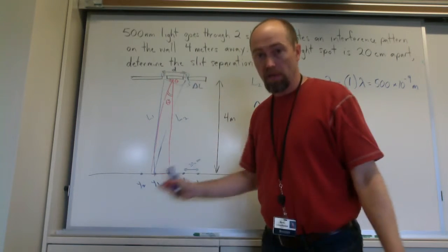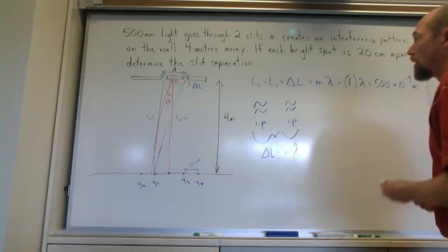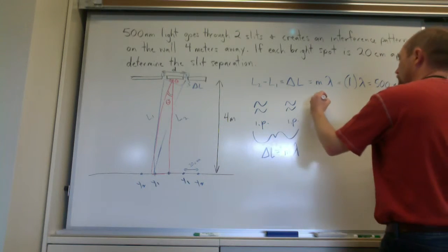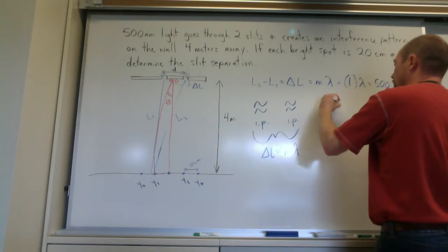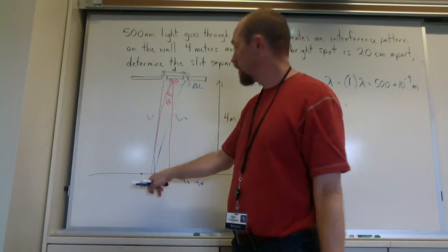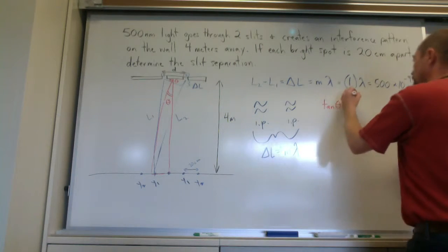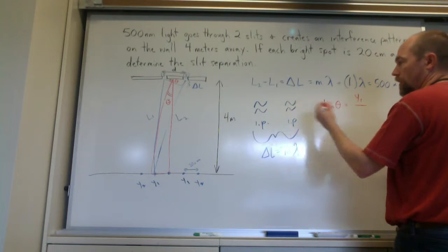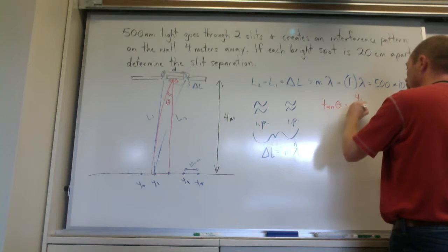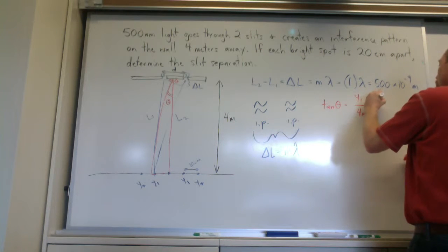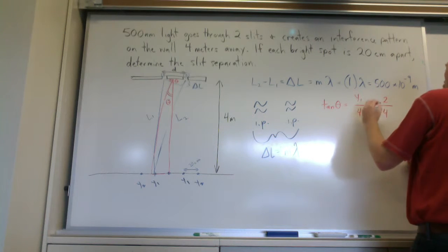So this piece here, if I was going to solve for it, would be tangent theta equals opposite over adjacent, TOA. So it would be y1 over the length, which is 4 meters. If I do some math here, this is 20 centimeters, so 0.2 over 4.